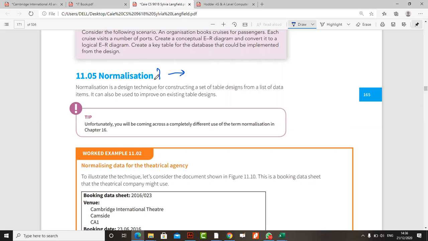What is normalization? Normalization means that we have data in a flat file. The problem with a flat file database like Excel is this: if I ask you to enter the details of every client that comes in, you will write the person's name, age, address, the item purchased, the number of items, the price, and so on.